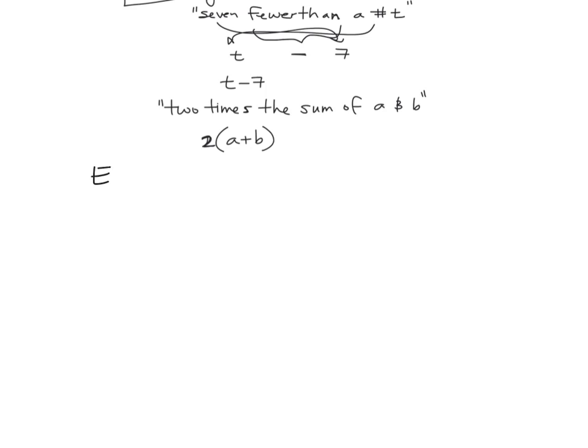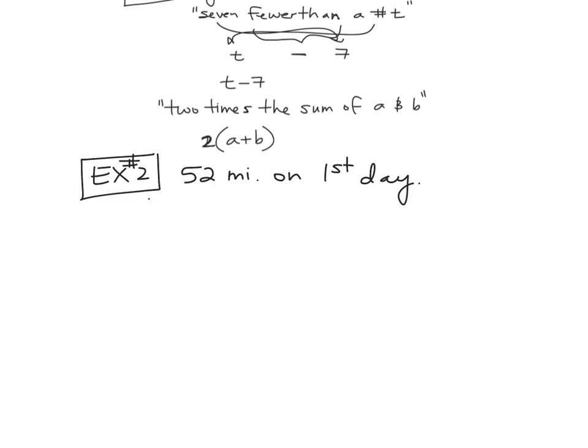Okay, example 2. This one says, you're on a bike trip. You traveled 52 miles the first day. Since then, your average rate has been 12 miles per hour.